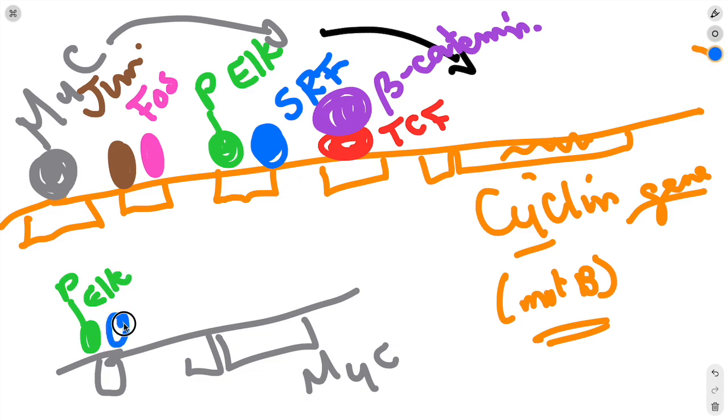I think that might be a reason why you asked this, because sometimes the ELK story is, well, it's going to activate MYC, and then MYC is going to activate cyclins, and you're like, okay, all right. Other times, it is actually the ELK SRF that is going to activate the cyclins.